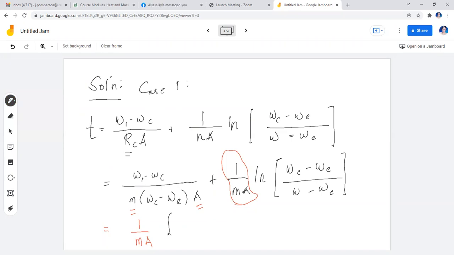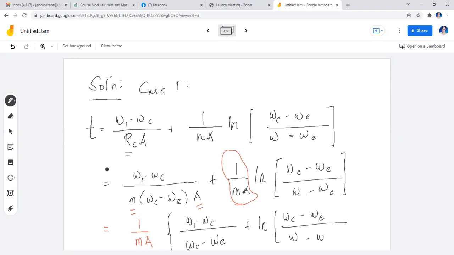So in here, for the first term, we're left with omega 1 minus omega C over omega C minus omega E. Now, in the second term, if we take out the 1 over MA, we'll have the ln of omega C minus omega E over omega minus omega E.